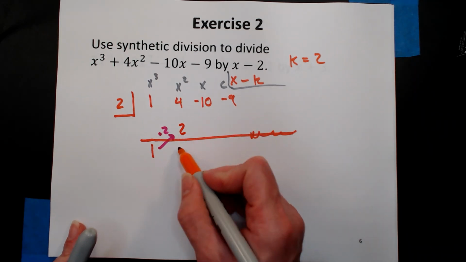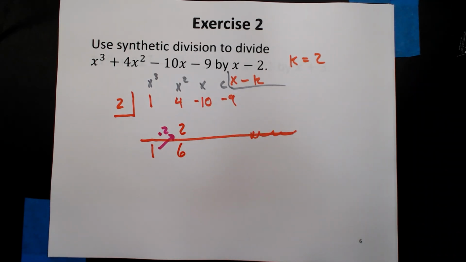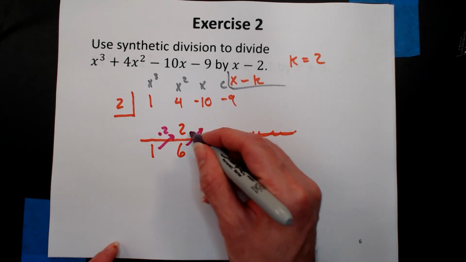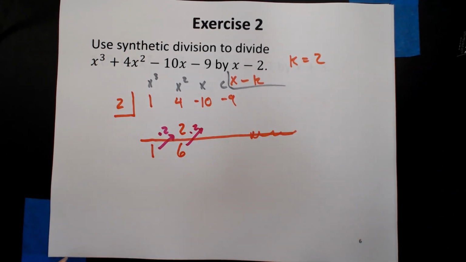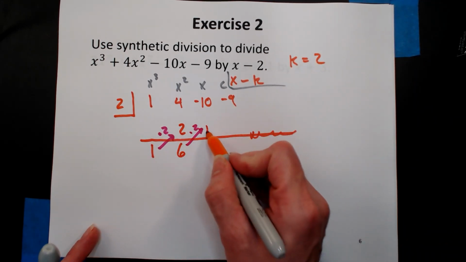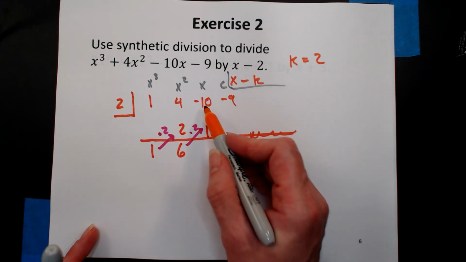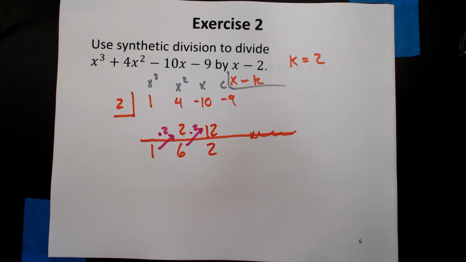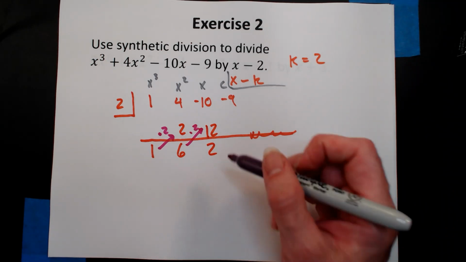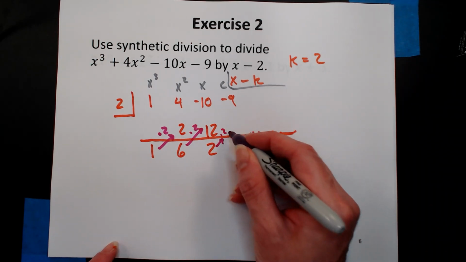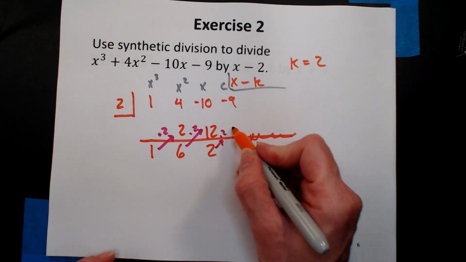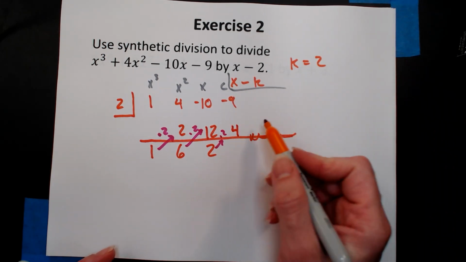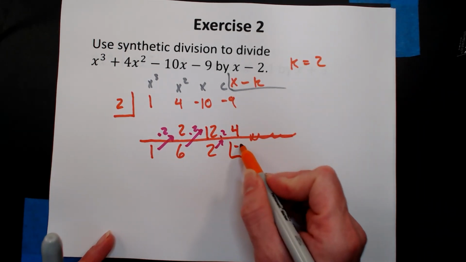I add at this step, I'm going to get 6. Then I'm going to move this up and multiply it by 2. So that's going to give me 12. And I add, -10 and 12 together gives me positive 2. And then I'm going to multiply by 2 when I move it over. It's going to give me 4. And then I'm going to add these two together, and I'm going to get -5.